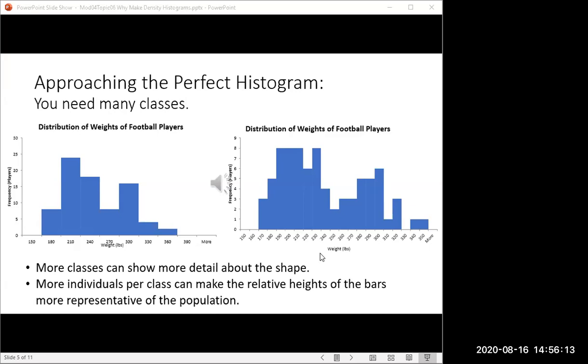The biggest ones have a frequency of only 8 individuals per class, so that's not a really great histogram, but it does show you that as you add more classes, you can get more detail about the shape, provided that you collect enough data to support it.